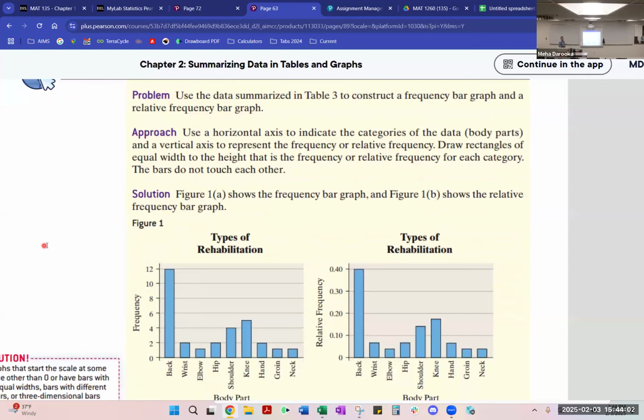So let's talk about the same example. Our physical therapist is looking at the different body parts of 30 of her patients to see who needs the most help. So remember, the back pain was 12 people. That was the largest category we have. So look at how they are creating the graphs over here.